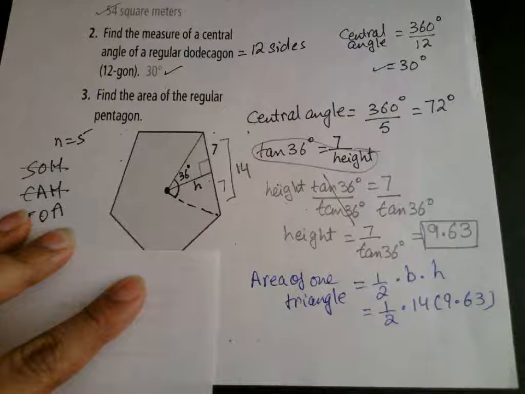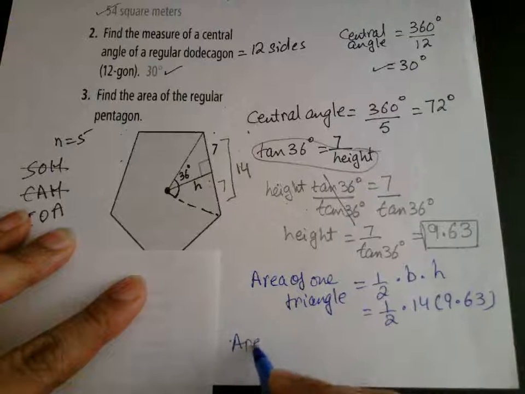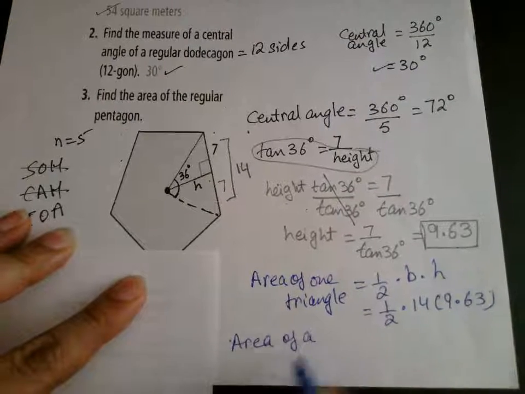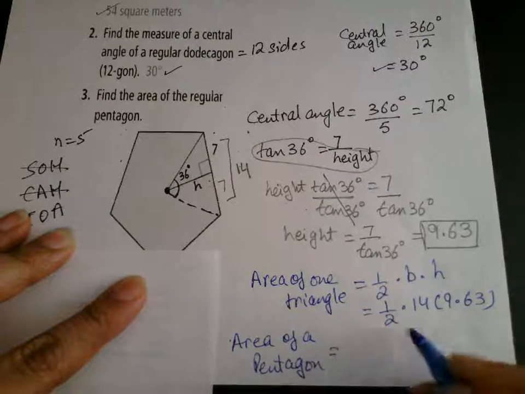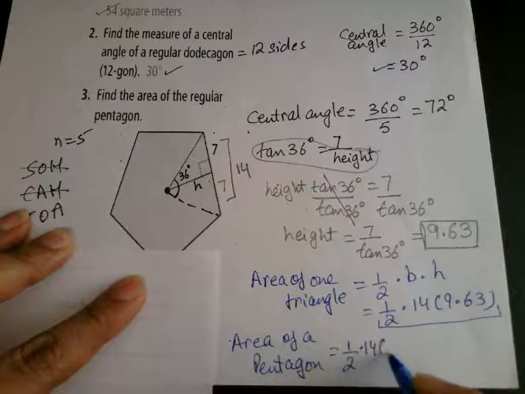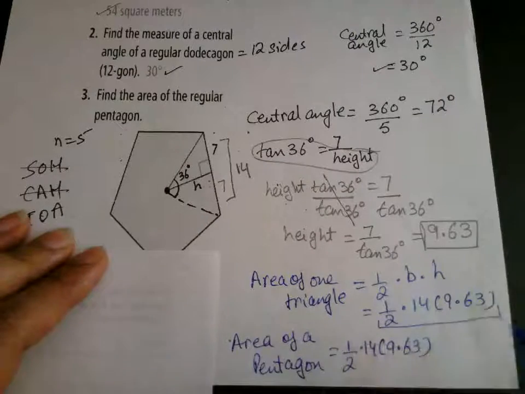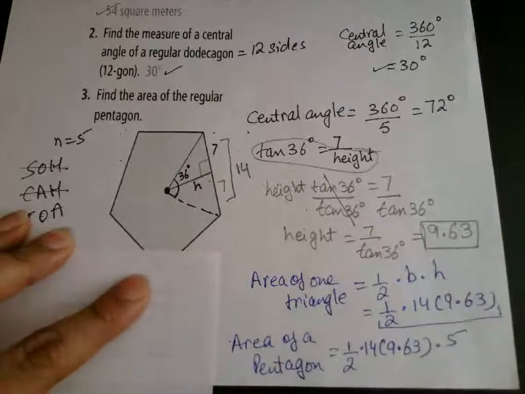And what do I need to find out? I need to find out the area of the entire polygon. So the area of a pentagon will be this total, which is half times 14 times 9.63, and because there are 5 sides, times 5.